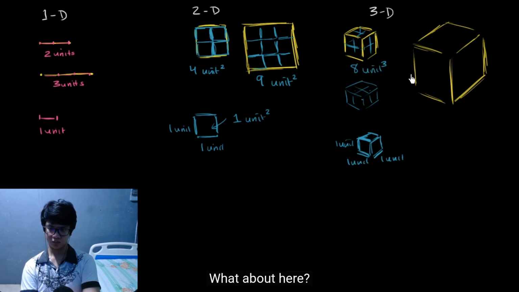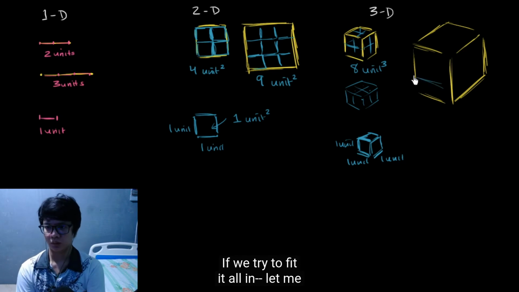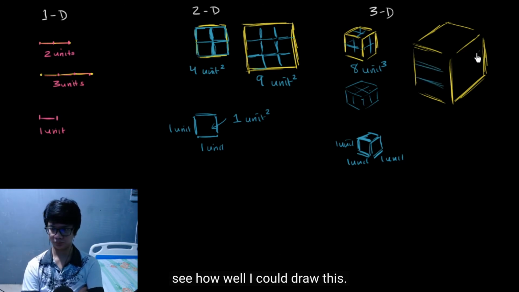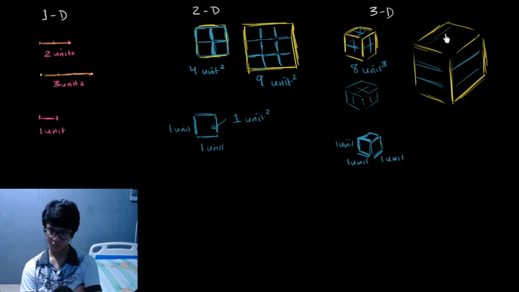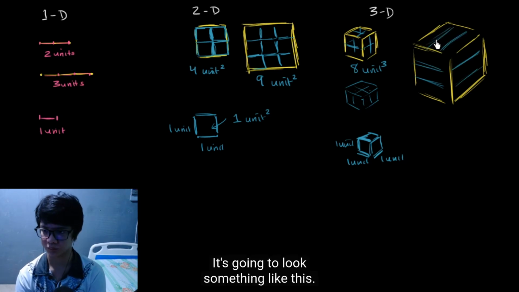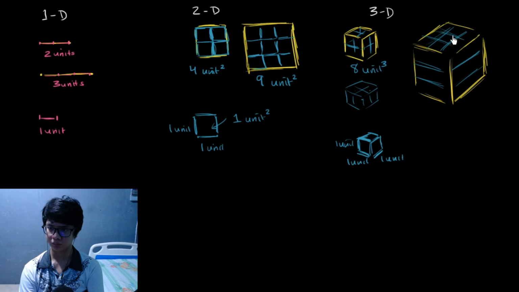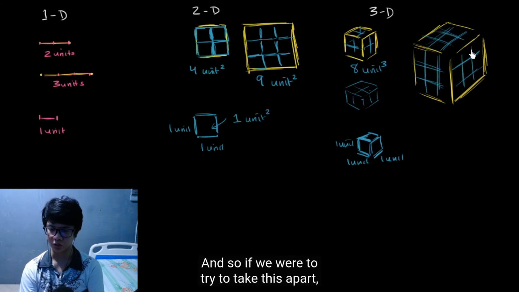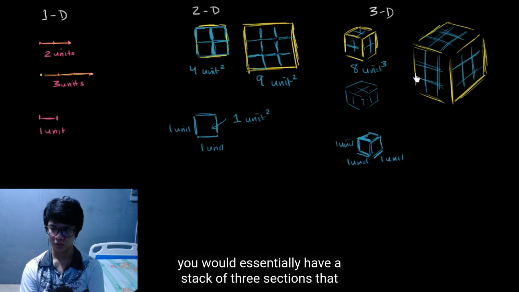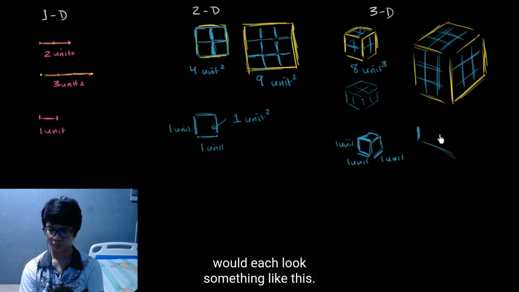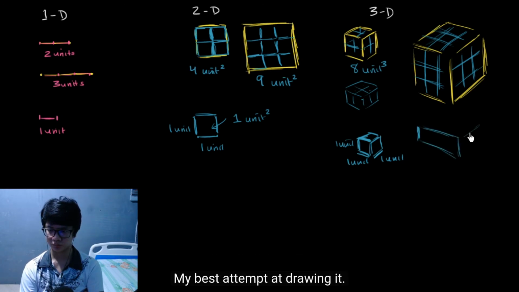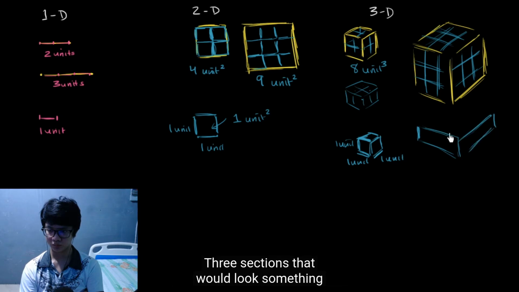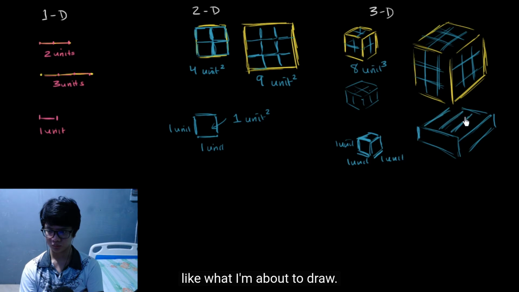What about here? Well, if we try to fit it all in, let me see how well I can draw this. It's going to look something like this. Obviously, this is kind of a rough drawing. If we were to try to take this apart, you'd have a stack of 3 sections that would each look something like what I'm about to draw.